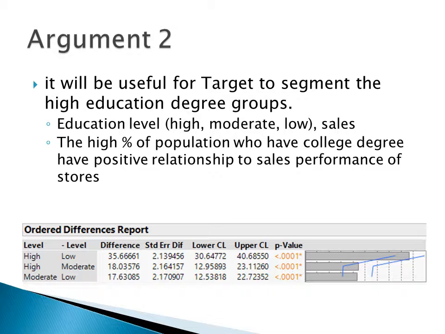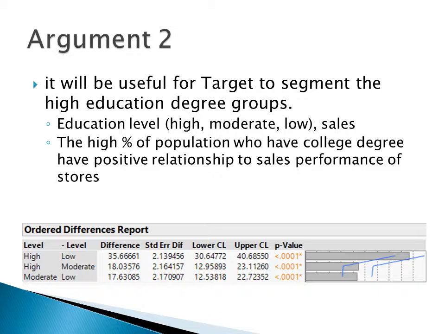If there are more customers who have college degrees in an area, Target store sales would be better in this area too. Interestingly, I also found the percentage of the population who have a high school degree is somewhat negative to the sales performance.